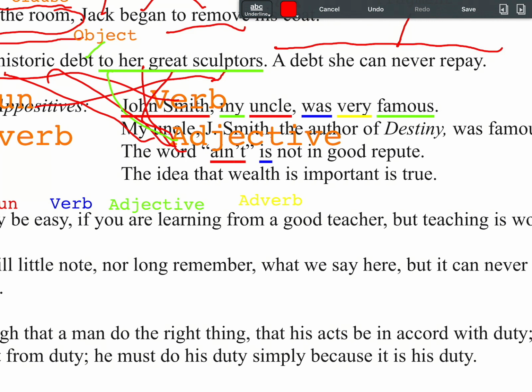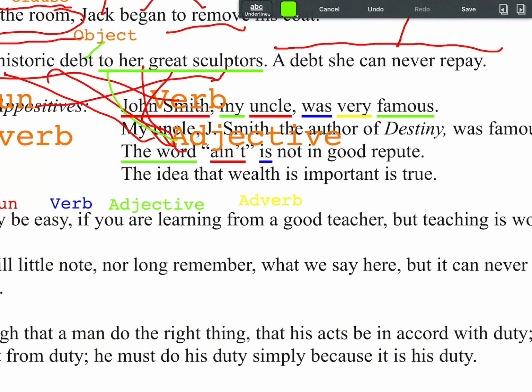Yeah, all right, that's it for nouns, I think. Then we're going to get adjectives. Green. So the word "the" and "a" are adjectives because they tell us about "ain't." They tell us it's "the" rather than "a," and they tell us it's a word. And "is" is the verb.